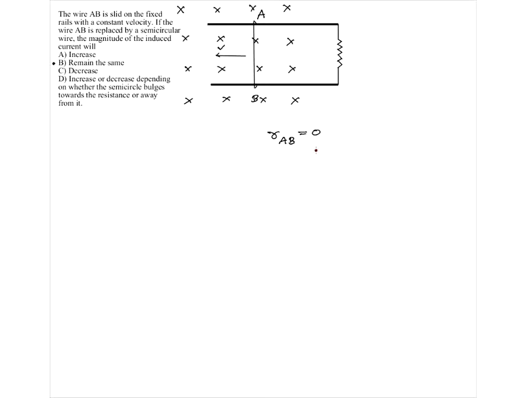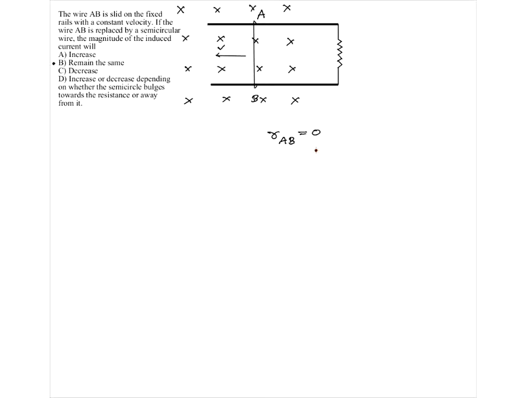Curved wire has a longer length, so it may have a greater resistance if other things are the same. So if you take a curved wire and a straight wire, while the EMF is the same in both cases, in case of the curved wire, current may be lower because resistance may be higher.